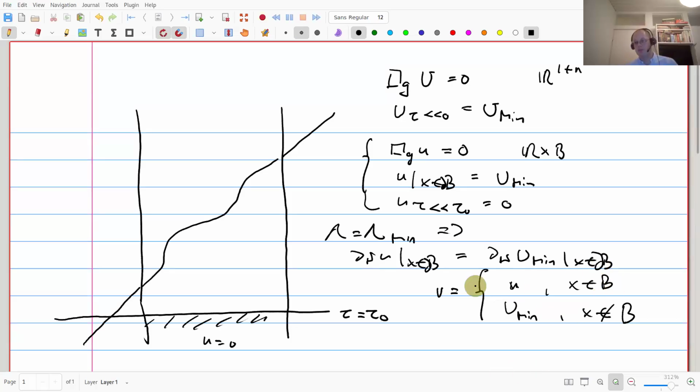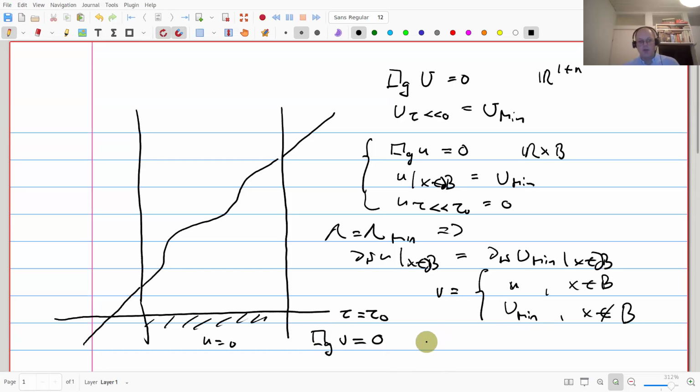Sorry about that. So it has the same boundary condition and also the same normal derivative, which means that when you glue things together, you will get a solution to the wave equation. And outside, it also works because g is the Minkowski metric outside.